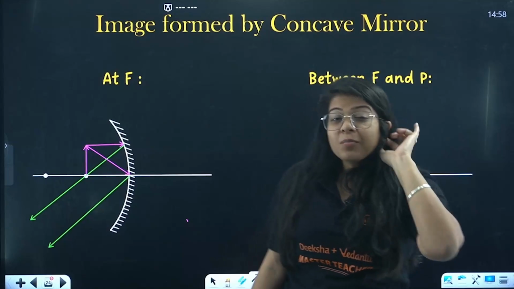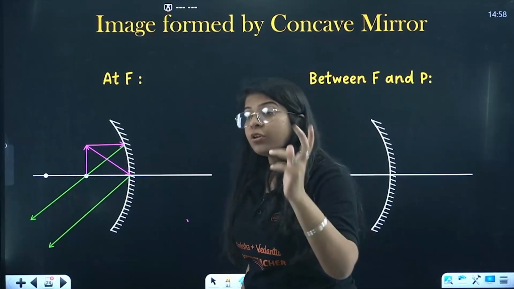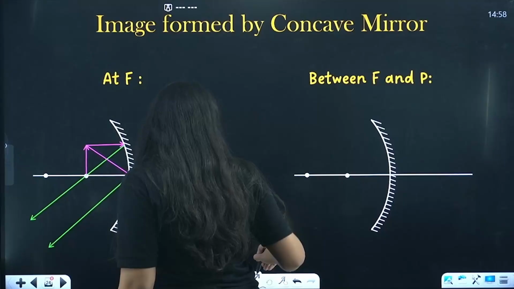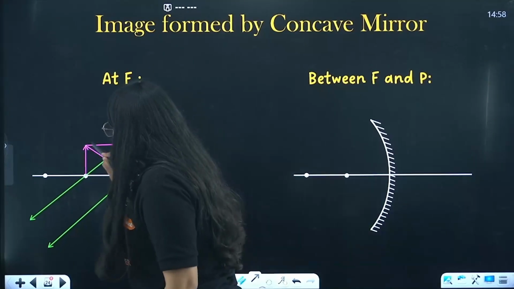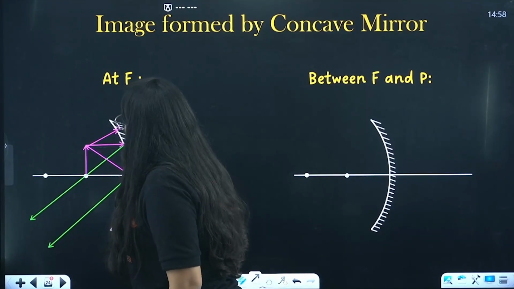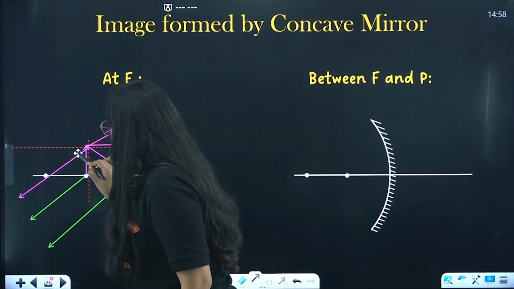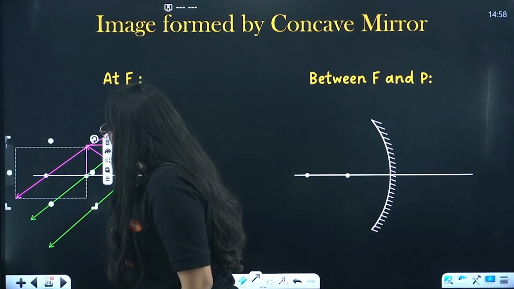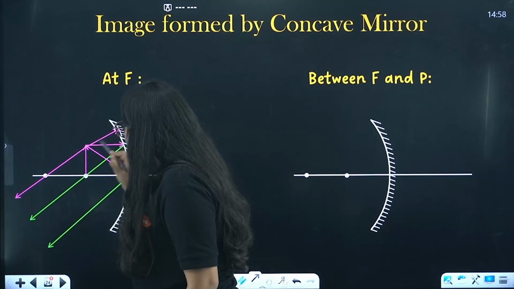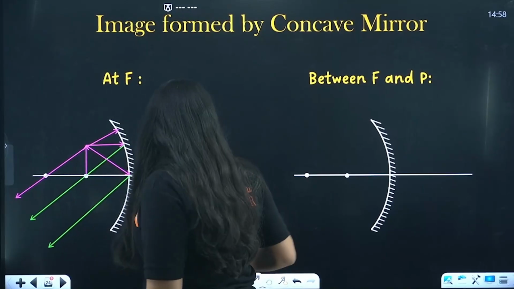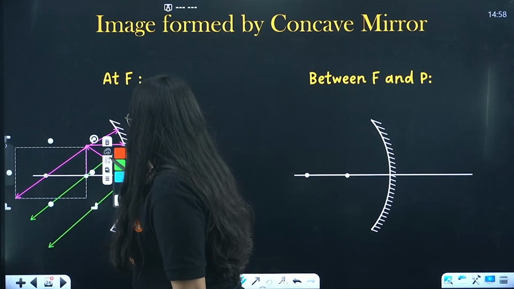One more thing you can also do, you should know actually, beta: this ray goes like this, it will reflect back and pass through your center of curvature following the same movement. You can also do that as well.